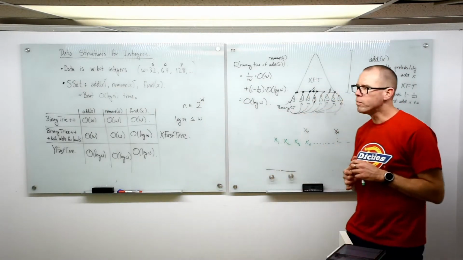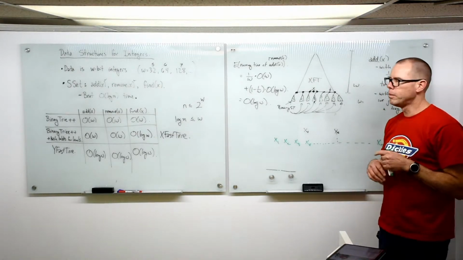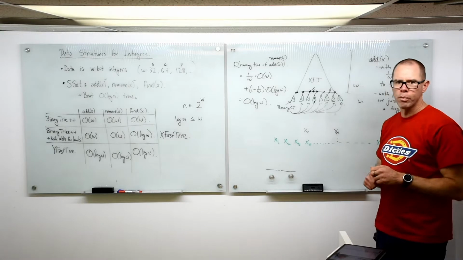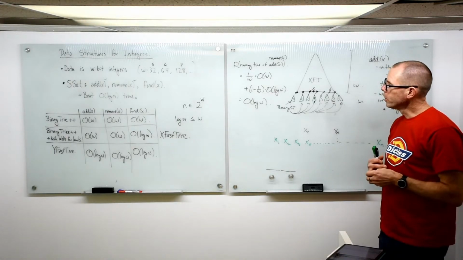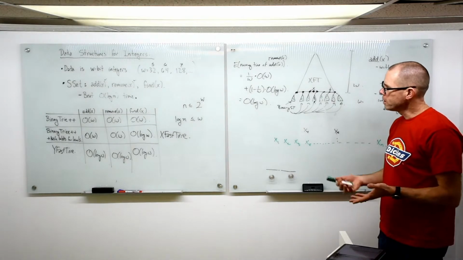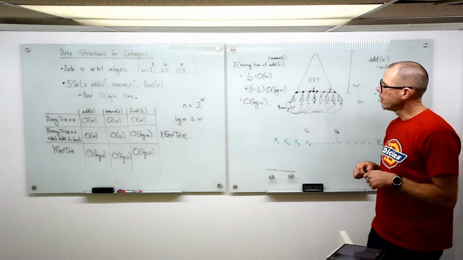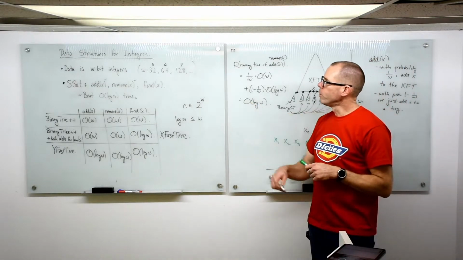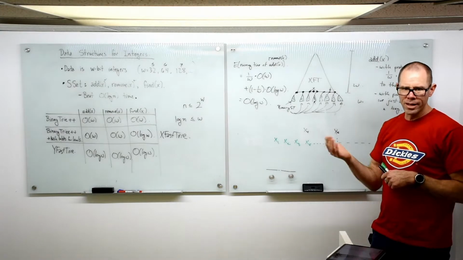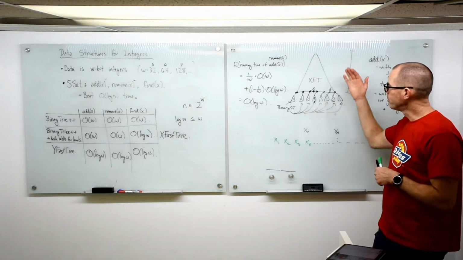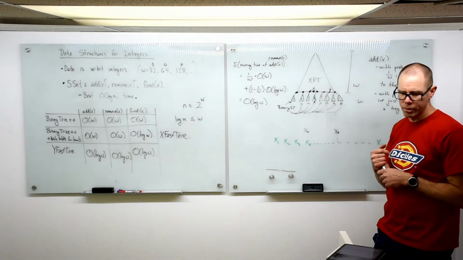That means you can have sets of size 2 to the 512. It's an enormous number. That's definitely more than the number of atoms in the universe. And you can look up any integer to know if it's in the set or not, and 512 is 2 to the 9, so it'll only take you 9 steps. So 9 hash table lookups, and then a search in a binary search tree.